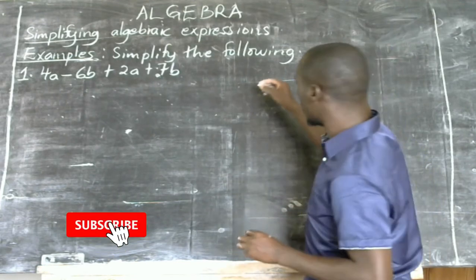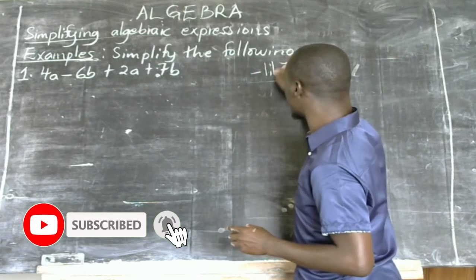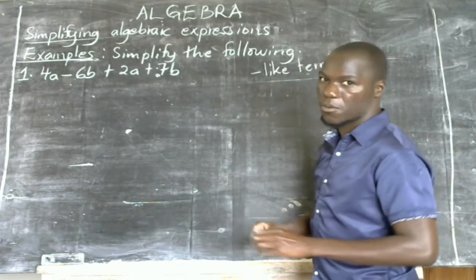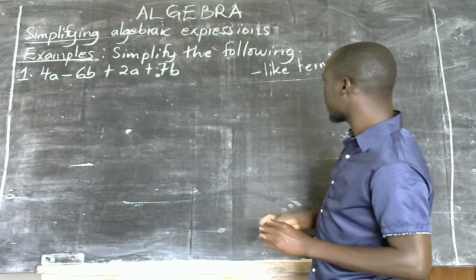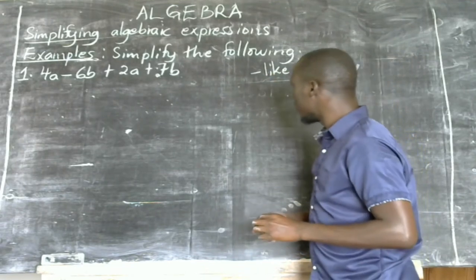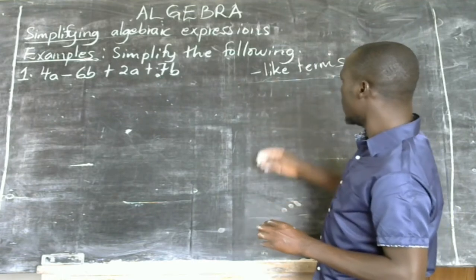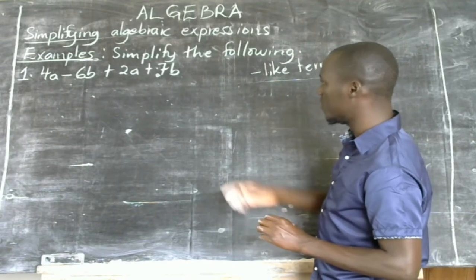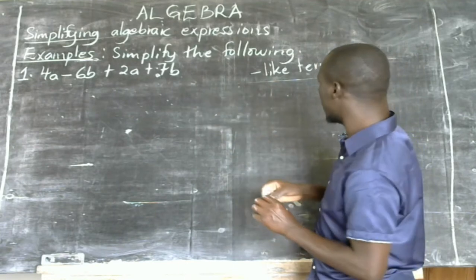You need to note here that we are going to be doing operations on the like terms, either addition, subtraction, multiplication, or division. Then you also need to differentiate between like terms and non-like terms.